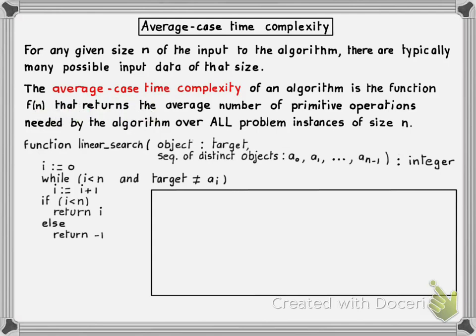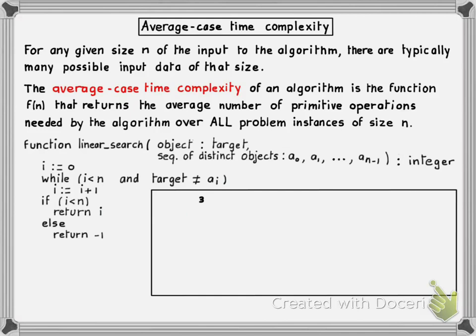So as we already discussed before, in the best case, the algorithm executes 3 comparisons. Now, in the next case, that is when the target object is equal to a sub 1, how many comparisons do we have? Well, there are 2 comparisons in the first evaluation of the while loop condition.